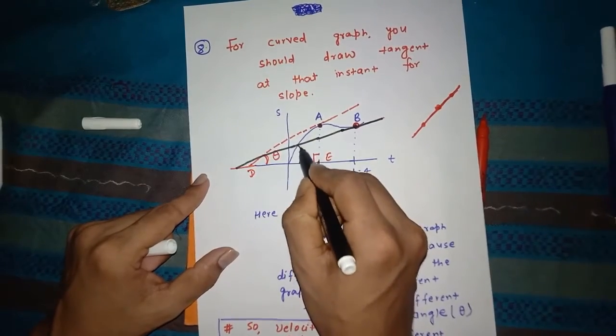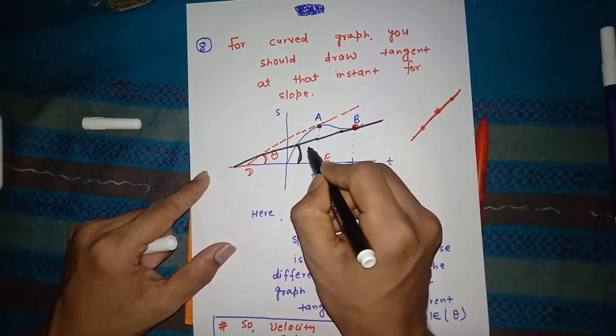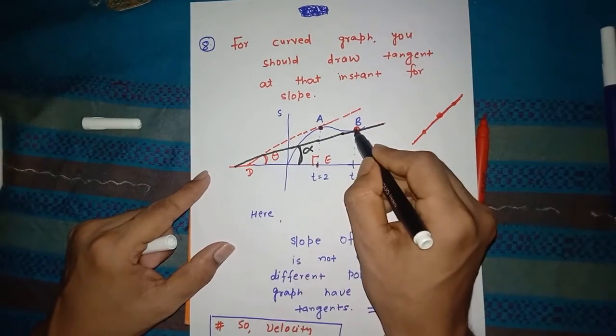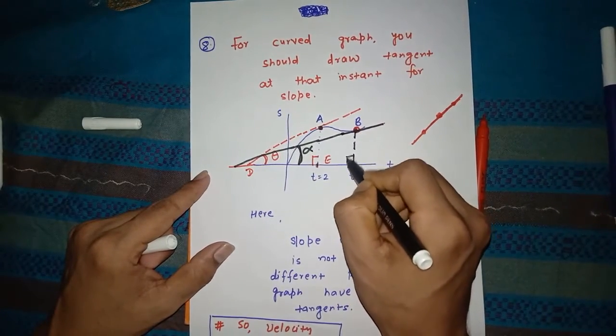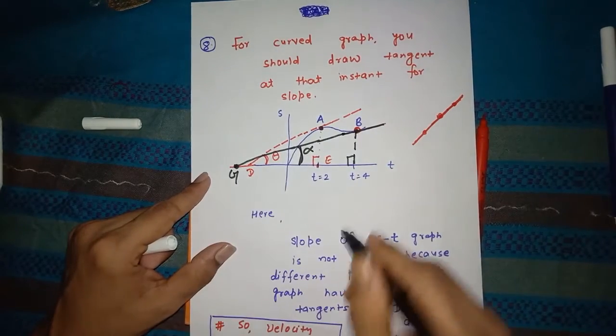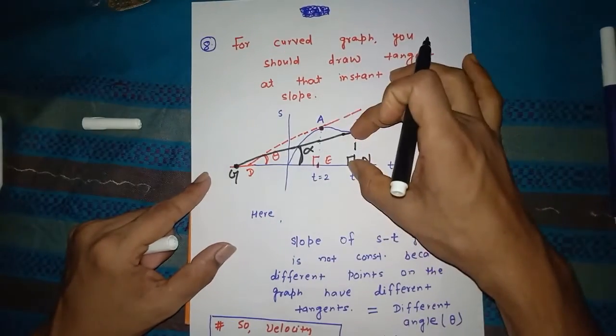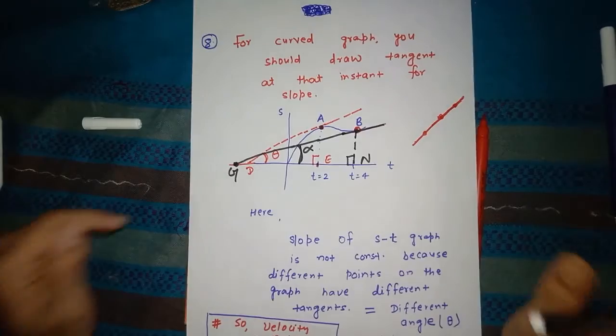So this is some angle, let's say alpha. So we have drawn a right angle triangle. Let's say this is G, N. So this is B and G is our right angle triangle. P is here and B is this. Have you got my point?